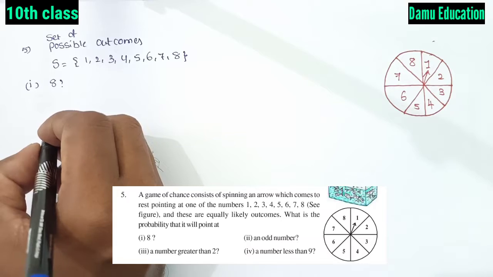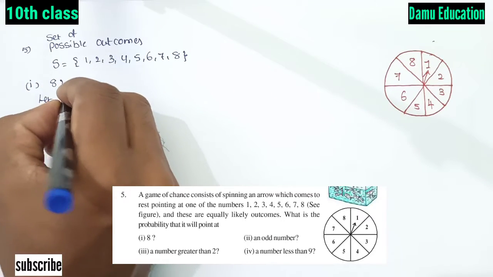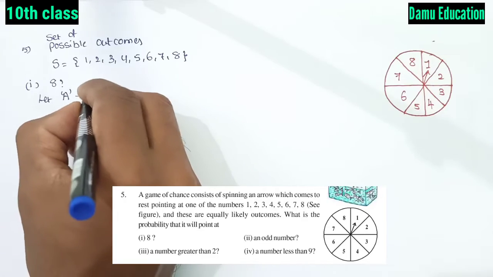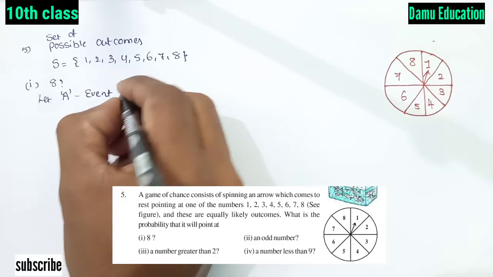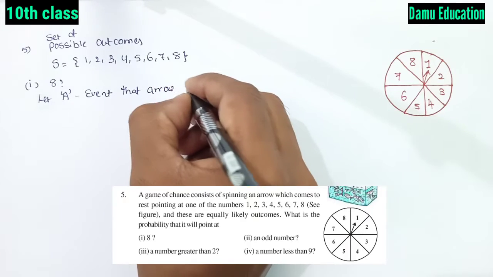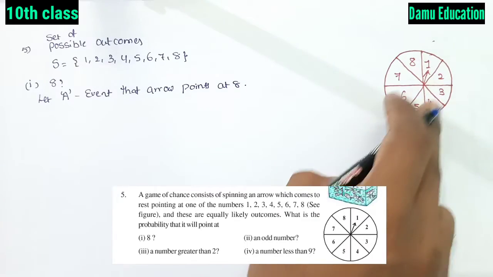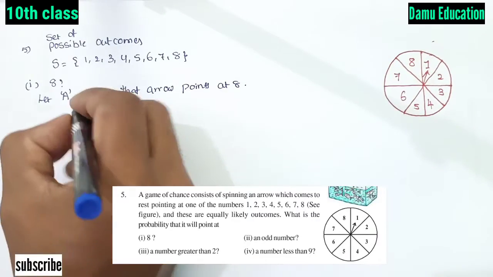Let A denote the event that the arrow points at 8. So what is the set?